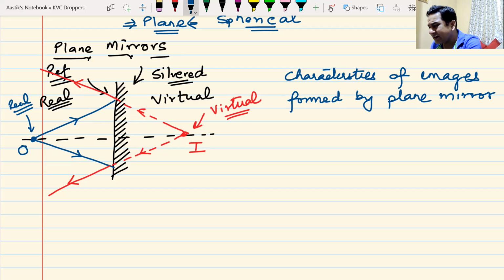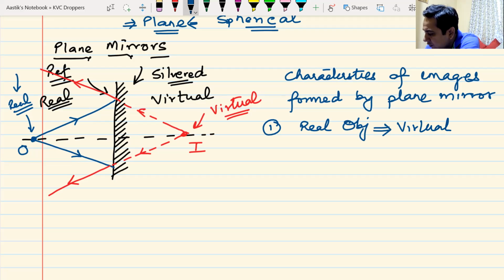When I say characteristics, basically we are talking about the properties of a plane mirror. How does it form an image? What are the important points about the image formed by a plane mirror that we must understand? Here you can see the object is real, but the image is virtual. That means for a real object, what image will it create?